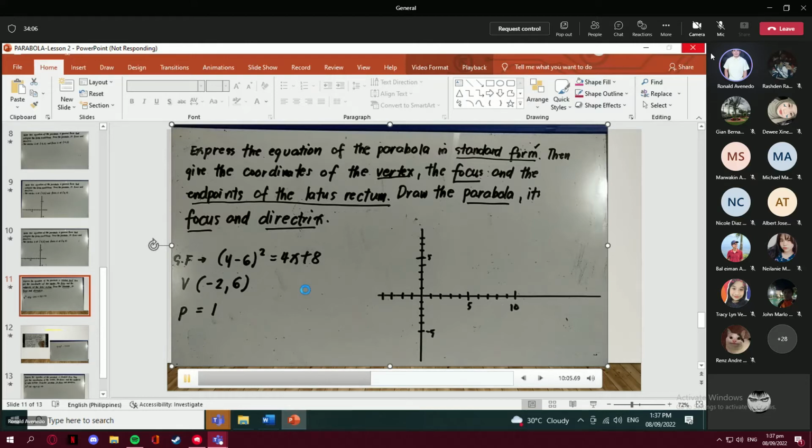And since we have already the vertex and P, then we have the clue that it is y minus 6 raised to the second power. It is open to right because P is positive. Again, open to right because P is positive and y squared.